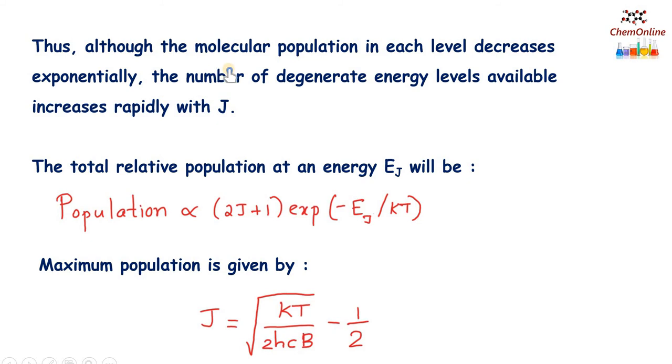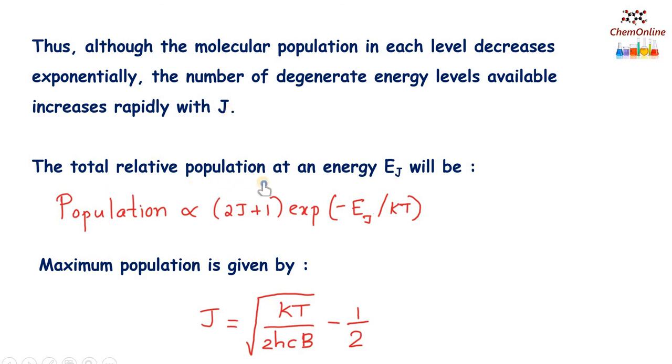So we can say that although the molecular population in each level decreases exponentially, the number of degenerate energy levels available increases rapidly with j. So with increasing j, the number of molecules, or the population in each level, will decrease, but the degree of degeneracy will increase with increasing j value.